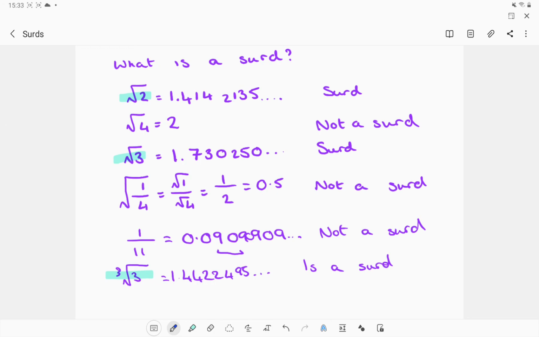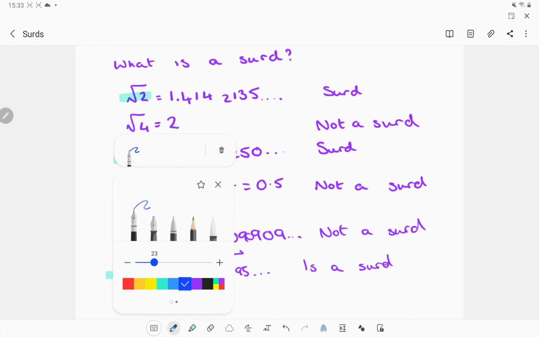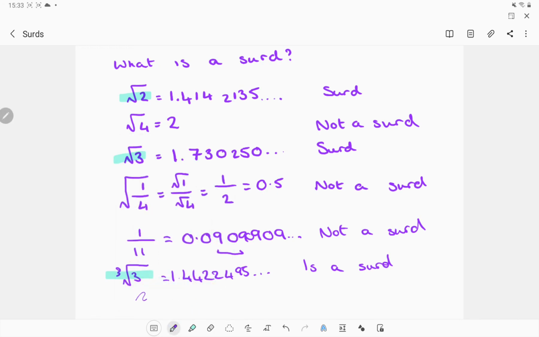So there are other numbers you know, such as pi, that go on and on and on and on, but they are not surds. Okay? For it to be a surd, you're going to have square roots, cube roots, or powers involved.